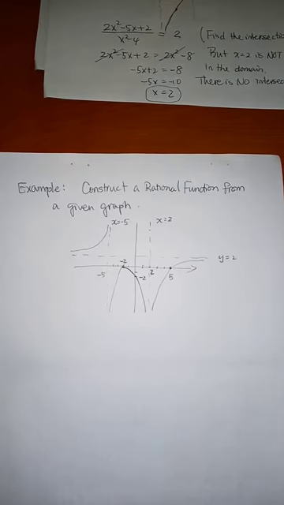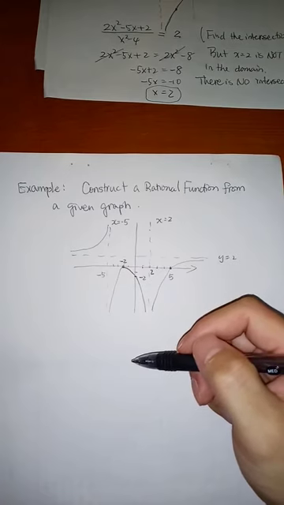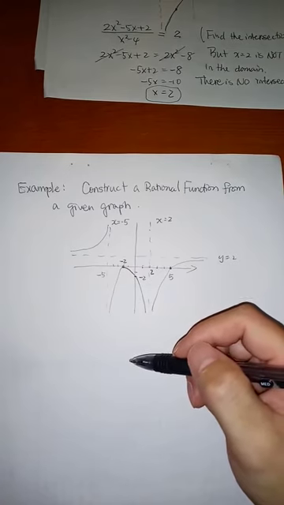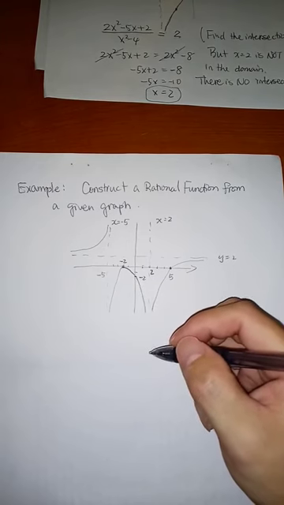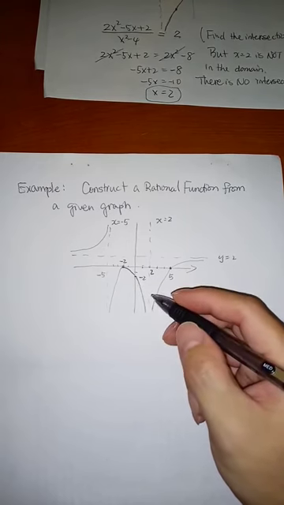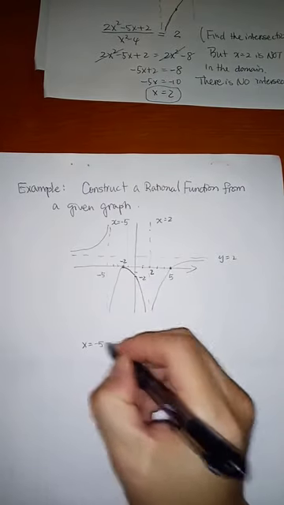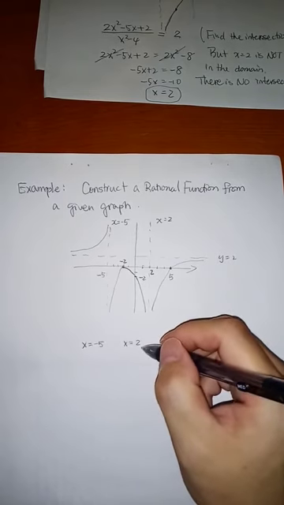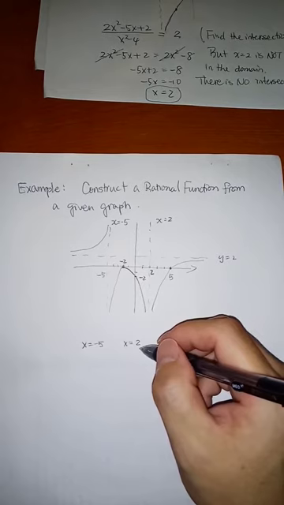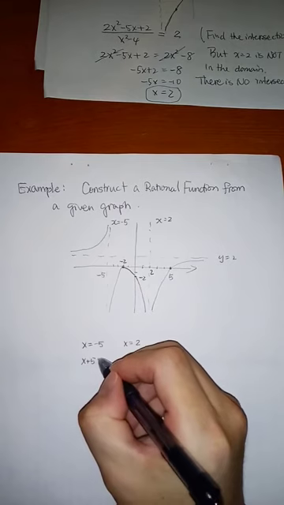Okay, so let's study the possibility. So first, vertical asymptote. The vertical asymptote comes from the zeros of the denominator, right? So whenever you have x equal to -5, x equal to 2, you move -5 to the other side, you get x plus 5.